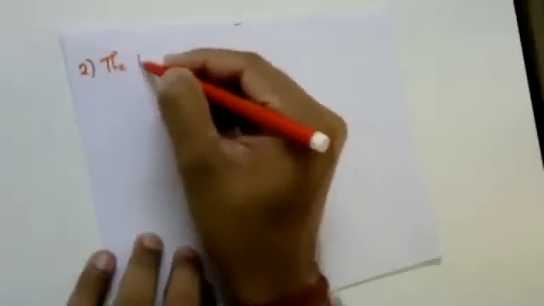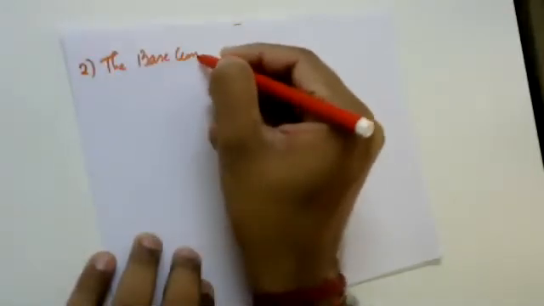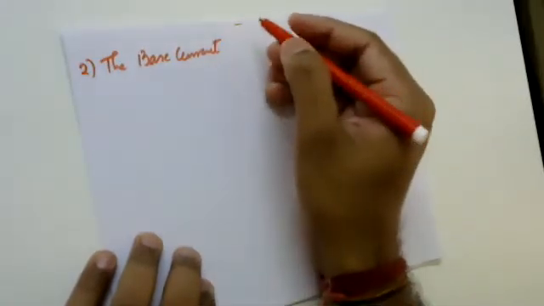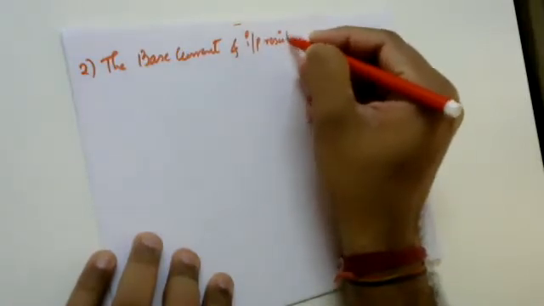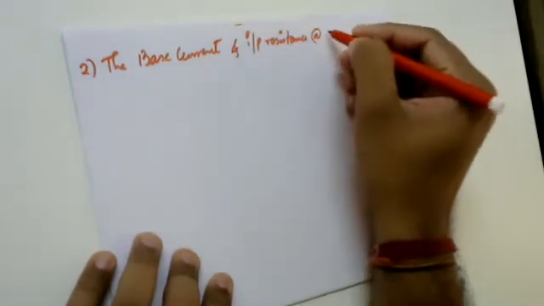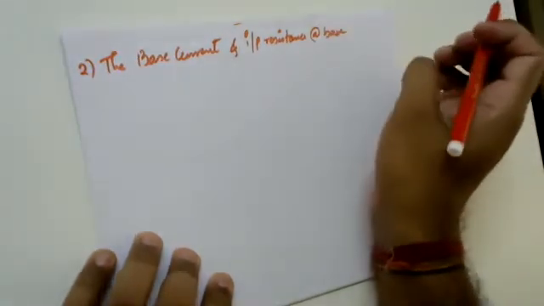Fine. Now we'll go for the next topic, which is the base current and the input resistance seen at the base. So my second topic is the base current and the input resistance at the base.